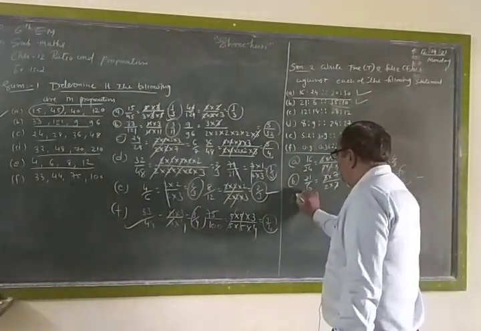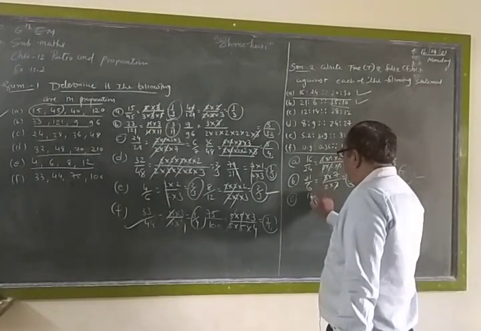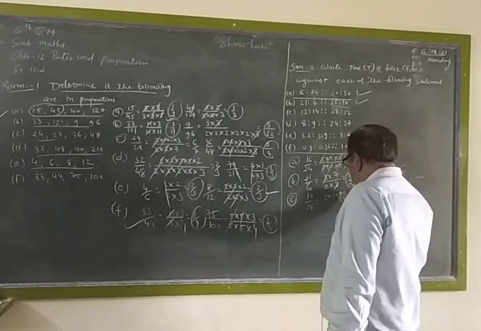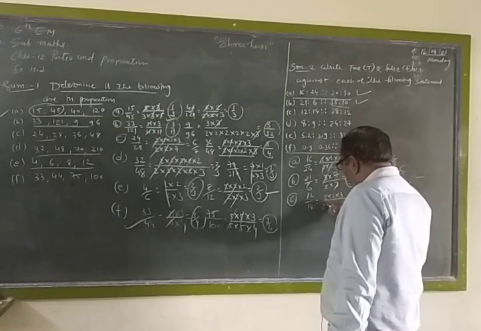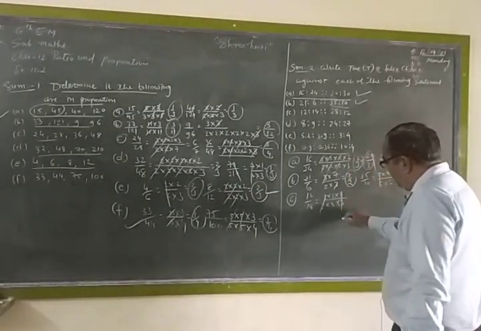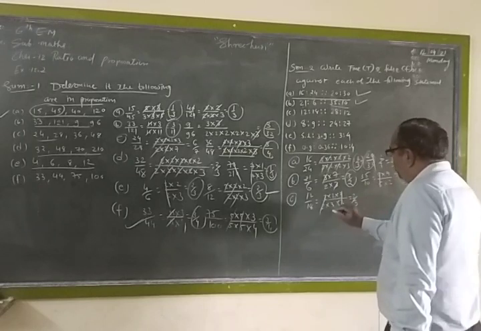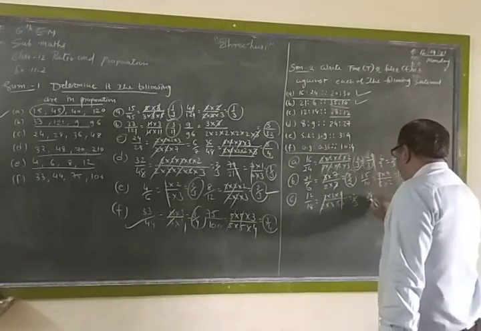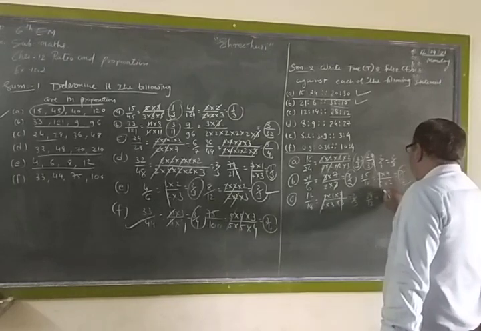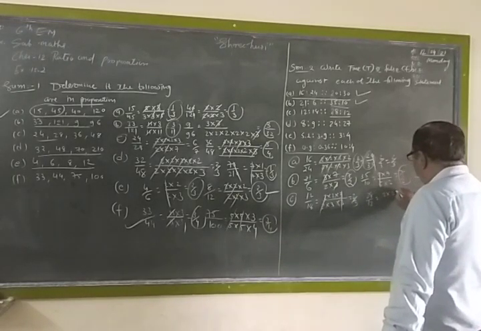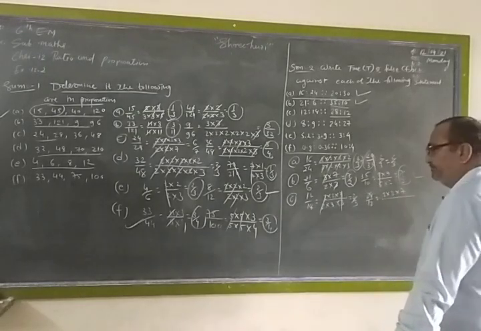Now C, 12 upon 18. 2 2s are 4, 3 4s are 12, and 2 3s are 6, 3 6s are 18. 2 and 2 cut, 3 cut, reduced form 2 upon 3. Now the reduced form of 28 and 12. 2 2s are 4, 7 4s are 28.